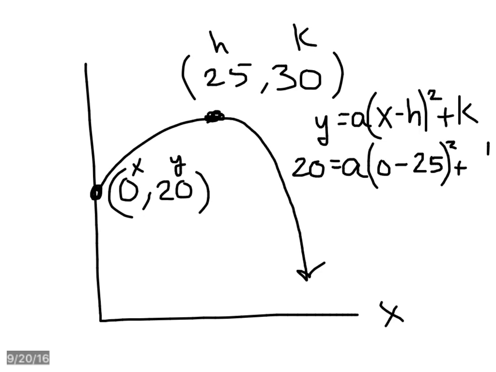Squared plus, what's the k? 30. Now, again, all we're doing is inserting the numbers that we have, and now we're going to work backwards to solve for a. That's it. So let's simplify the parentheses first. What's 0 minus 25? What is negative 25 squared?